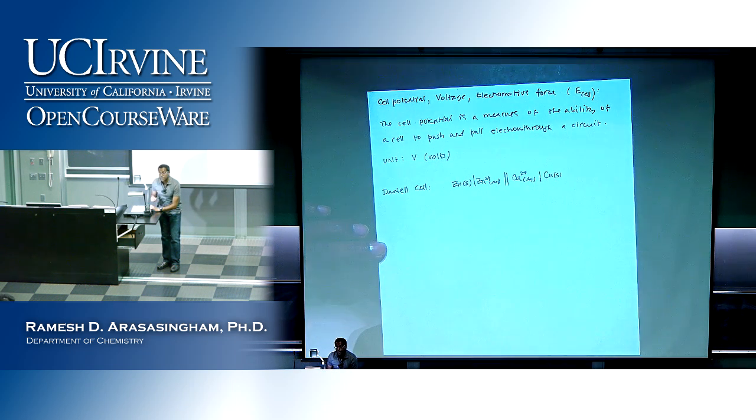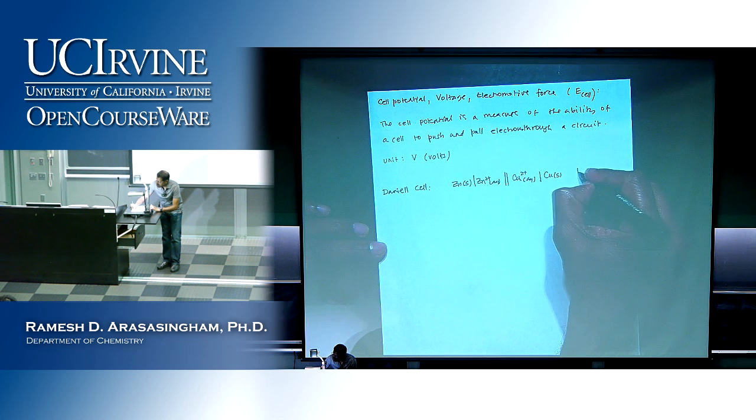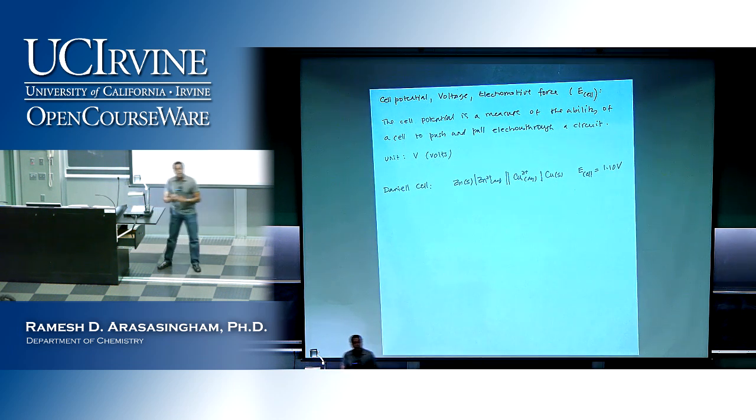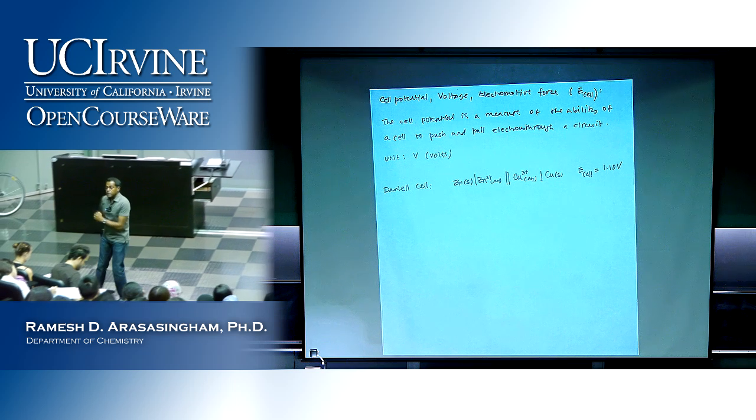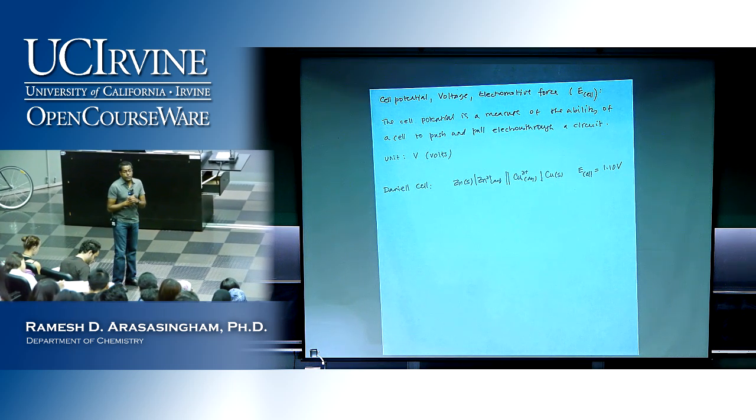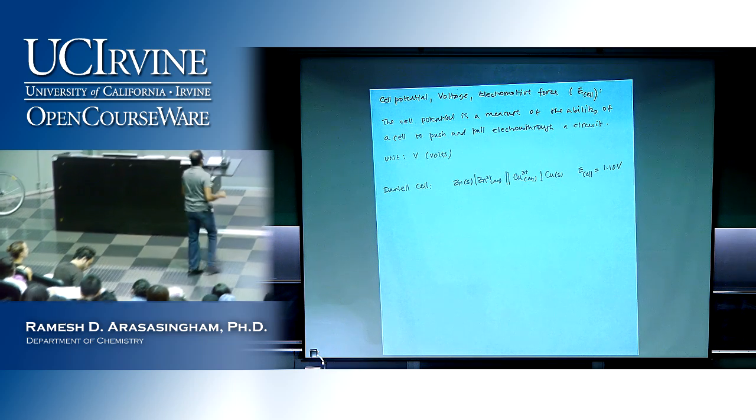That will be the Daniell cell, the cell notation. It is always customary to write down the cell potential right next to it. So whenever you write a cell notation, you also will give the cell potential right next to it. So for this combination, the cell potential is 1.10 volts.